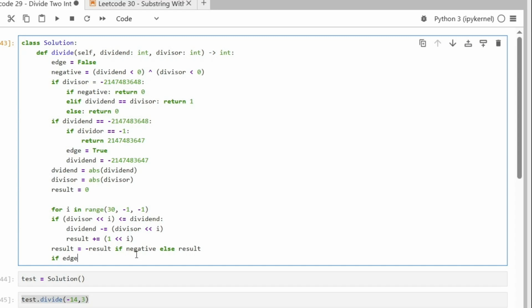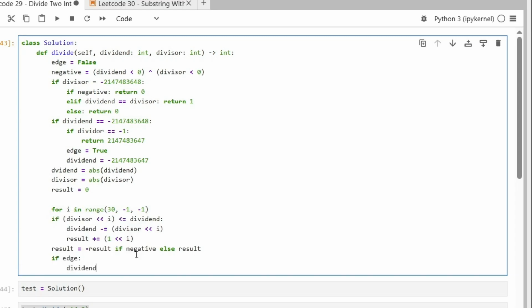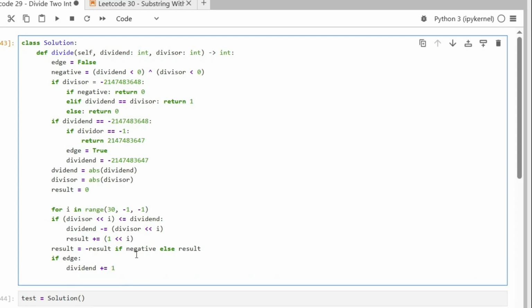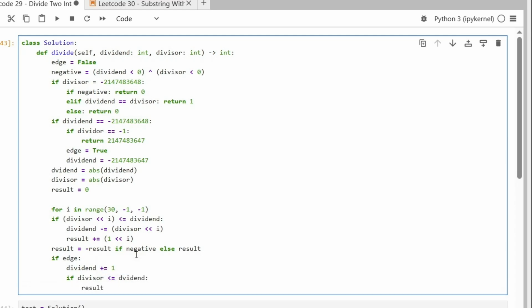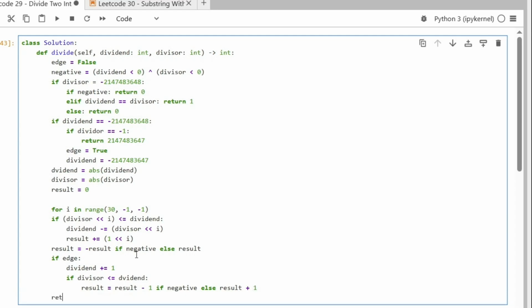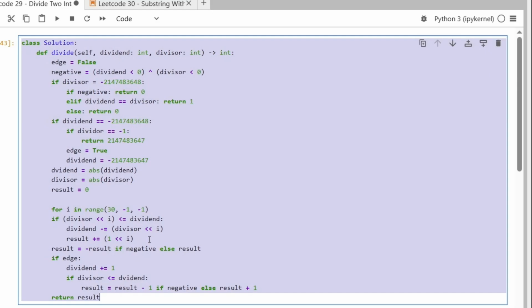So if we have the edge case and dividend, we will add this one, and if divisor is less or equal to the dividend, okay, we will say result equal result minus 1 if negative, else result plus 1, and we return the result. Okay, let me take this code and go to Leetcode and test it there.